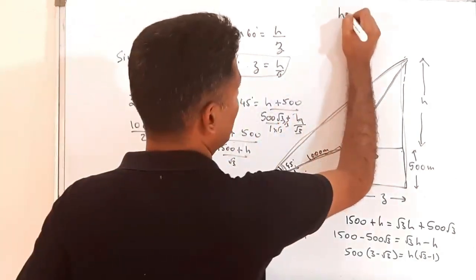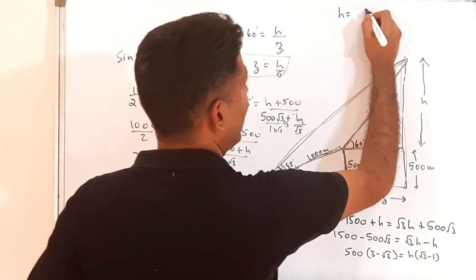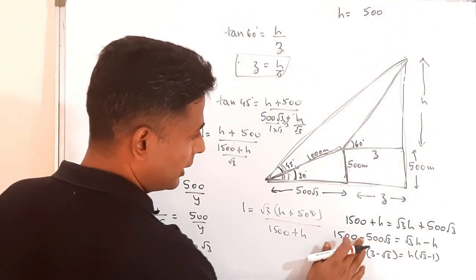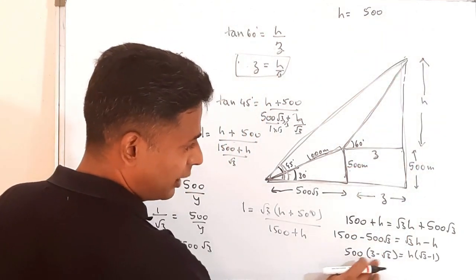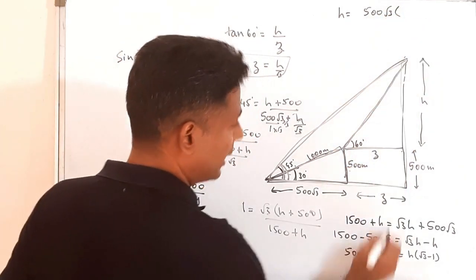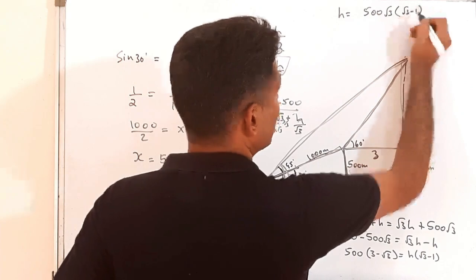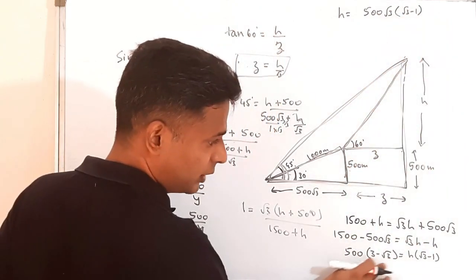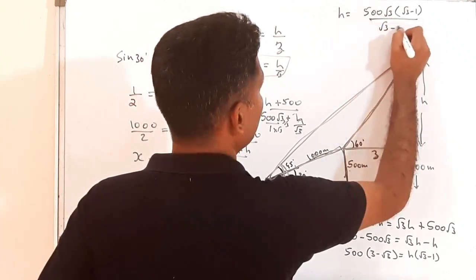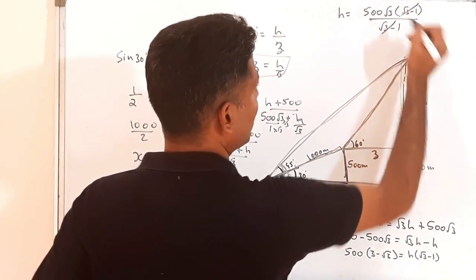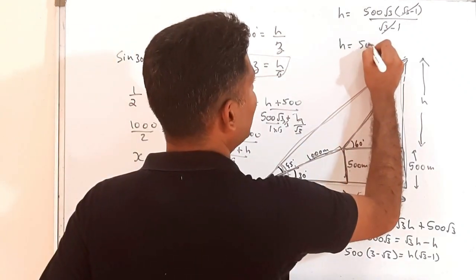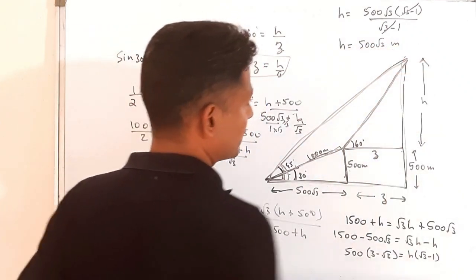So I'll get h equal to, I can take root 3 common here as well. So I'll take root 3 common here, I'll get root 3 minus 1. From here, if I take root 3 common, this root 3 minus 1 will come down. So root 3 minus 1 cancels. So I get h equal to 500 root 3 meters.